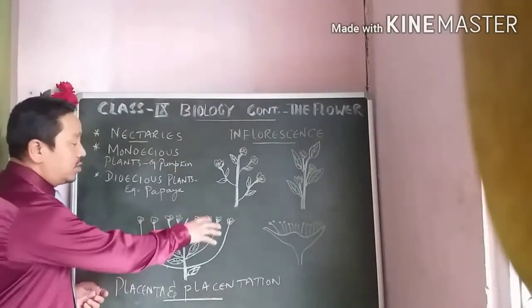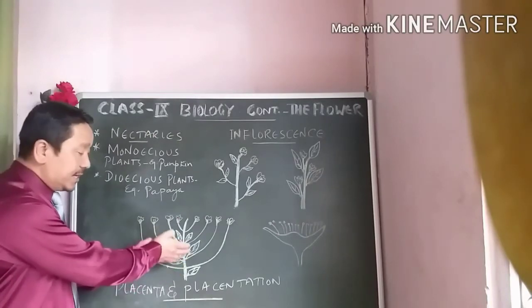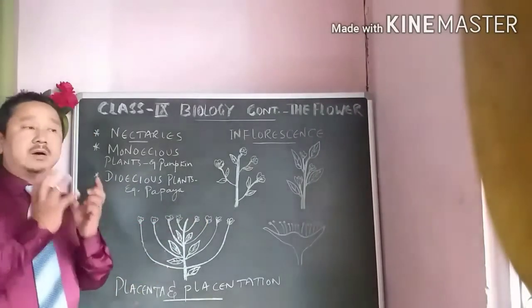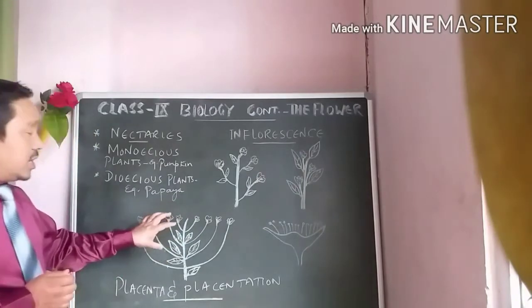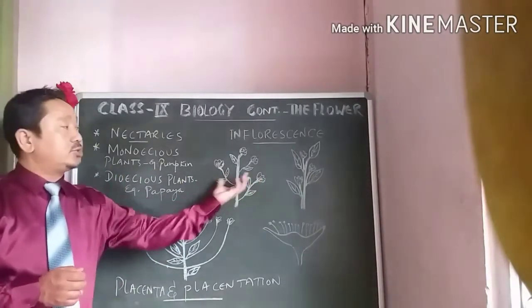So many flowers grow at different levels from the different axils of the leaves and reach the same level so that a cluster is made. So here the arrangement of the flowers is different from these two.